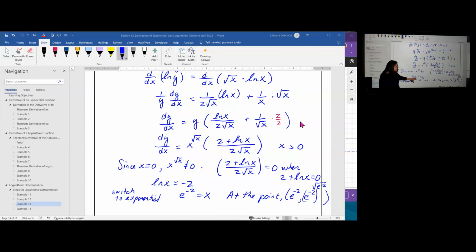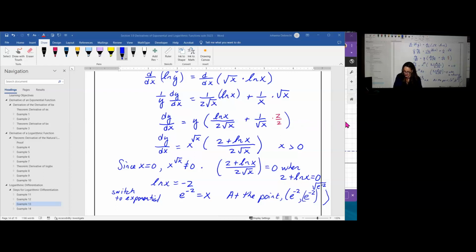This gives me natural log of x equal to -2, with a base of e, power -2, it equals x. The x coordinate of the point where the tangent line is horizontal is e to the -2. And I substitute that value into the original function, x to the square root of x, to get the y value, which I did not simplify.